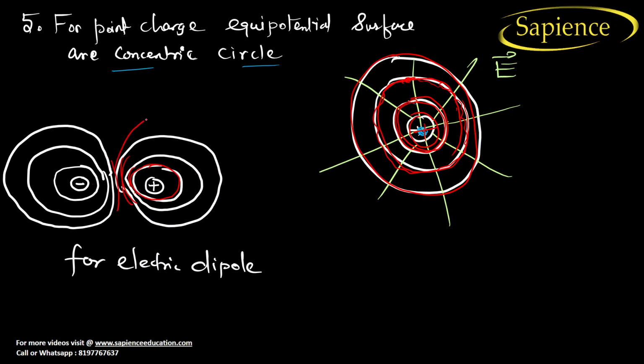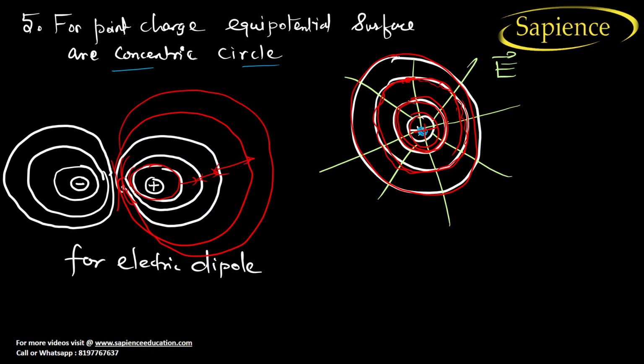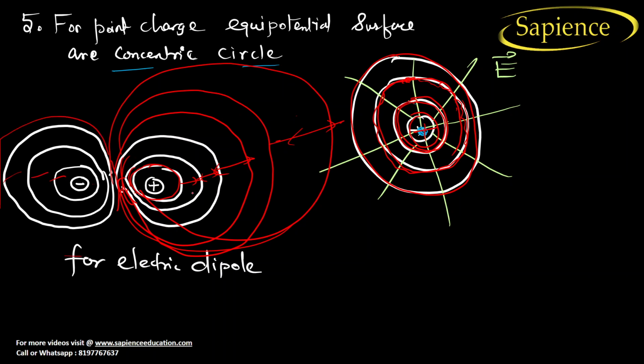But as soon as the strength becomes weaker, the equipotential surface gap is increasing, right? See here, increasing. As the strength is decreasing, the gap between the equipotential surfaces is increasing. The same thing happens here also. Hope you have understood now, right?